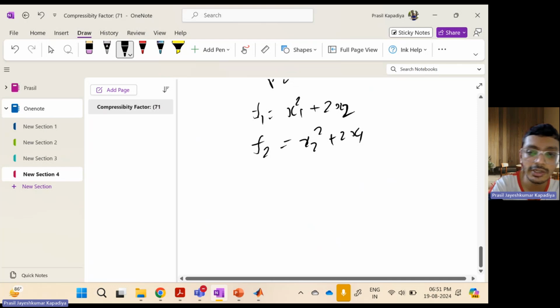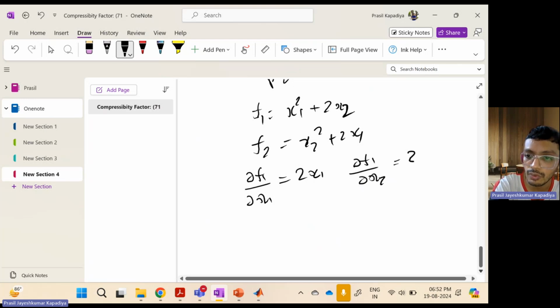What I need to do is calculate the derivative of the function with respect to both variables. So my del f1 by del x1 is equal to 2x1. Del f1 by del x2 will be equal to 2. Del f2 by del x1 will be equal to 2.